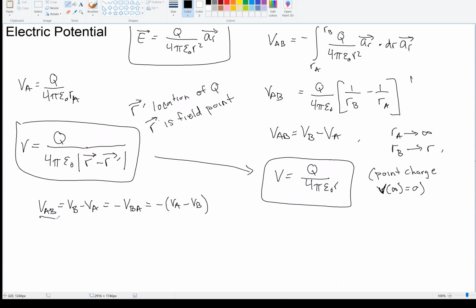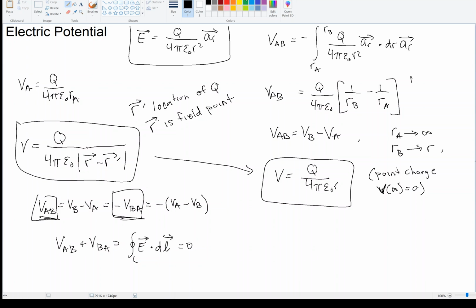So these two things are equal, VAB equals minus VBA. So if I took VAB plus VBA, well, that would be going around a path in the electric field. That would be a closed path. So I could express that like this. That must be 0, and it's 0 because VAB plus VBA, they're opposites of one another, so they add to 0.